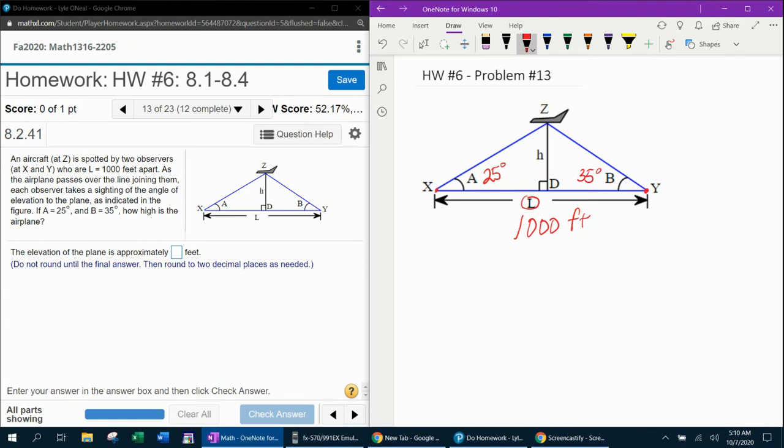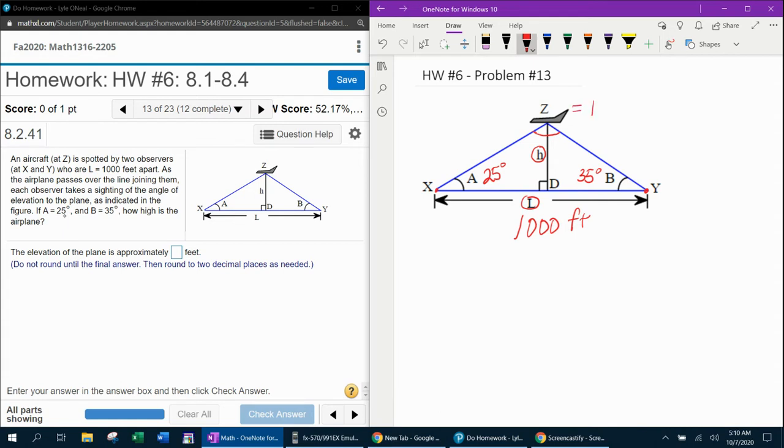It says, how high is the airplane? We're looking for H. And so the very first thing that I realized I'm going to be able to find is angle Z, because I know two angles inside of the blue triangle.